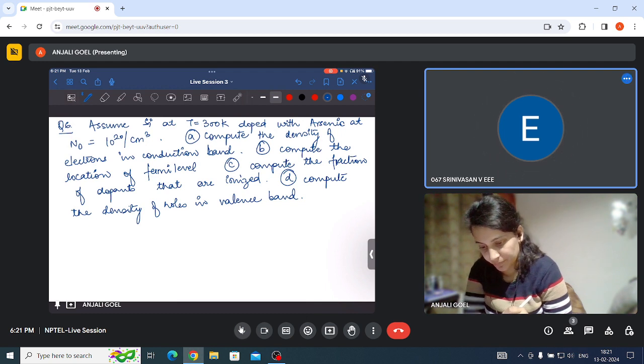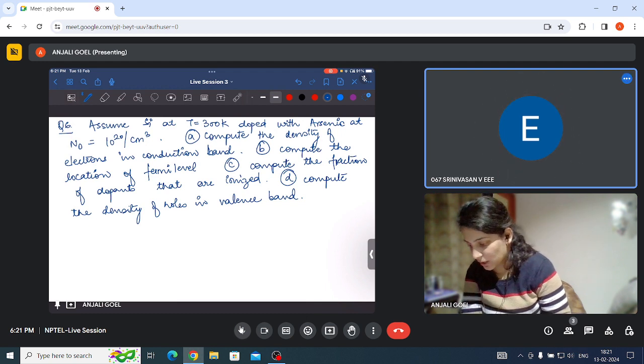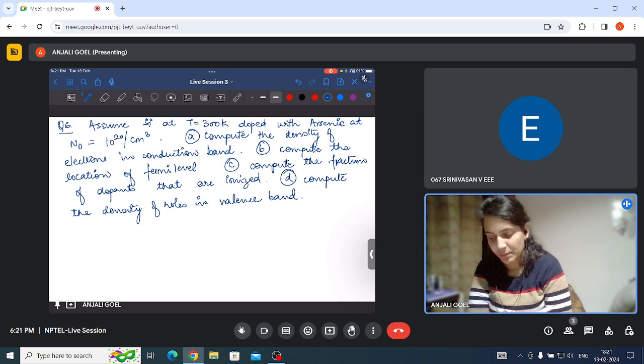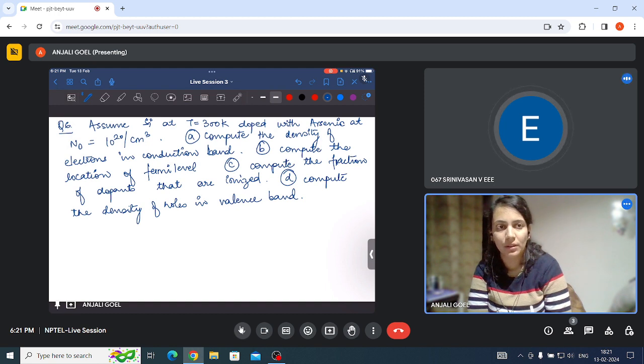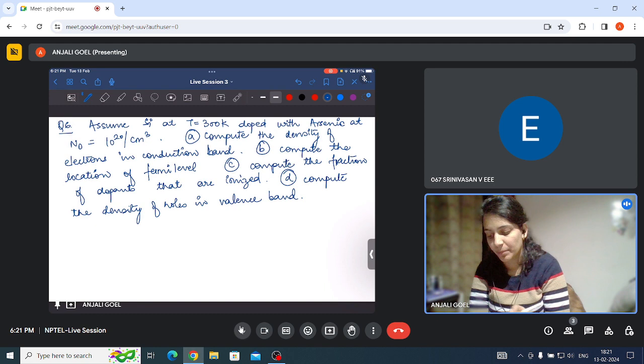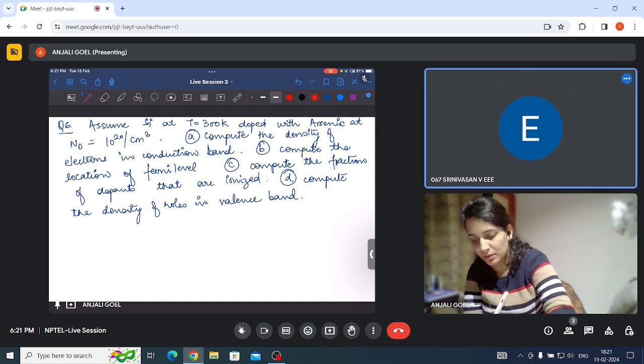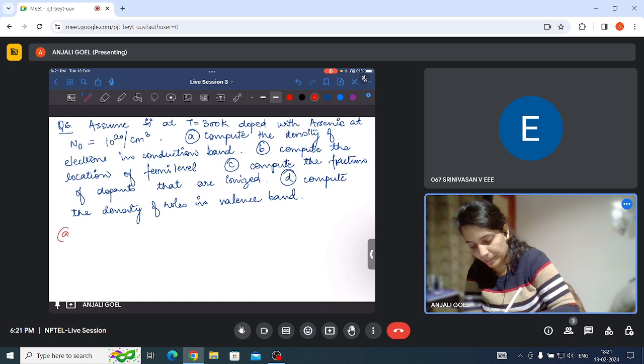Okay, see, it will just be the same. n equals Nd, the density of electrons, the number that is doped. Because it is very highly doped, it will remain in the same power, that is 10 raised to power 20. So it will just be the same.